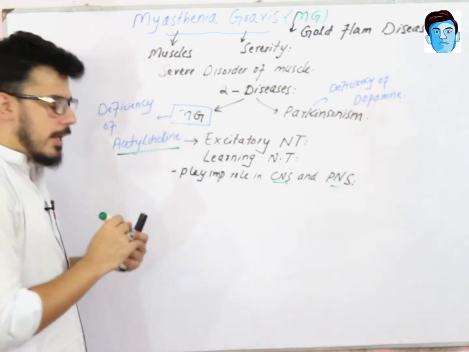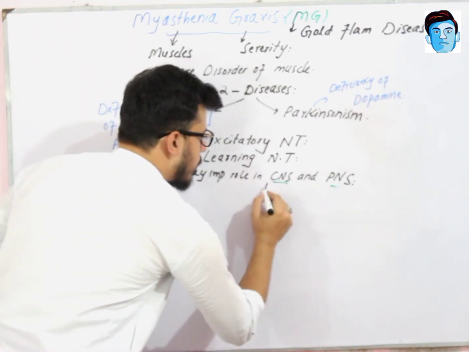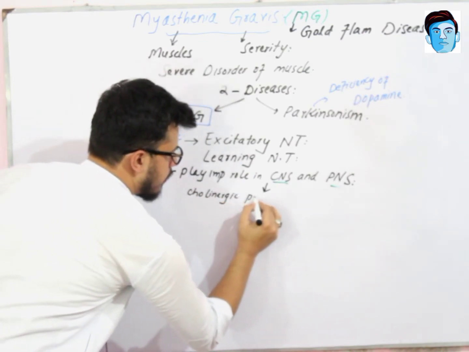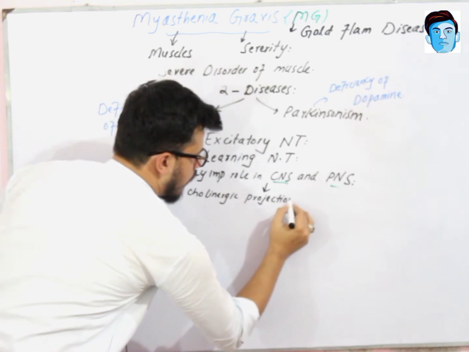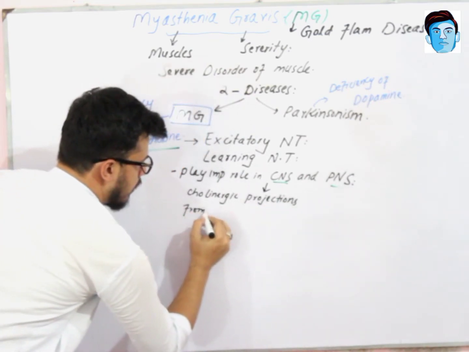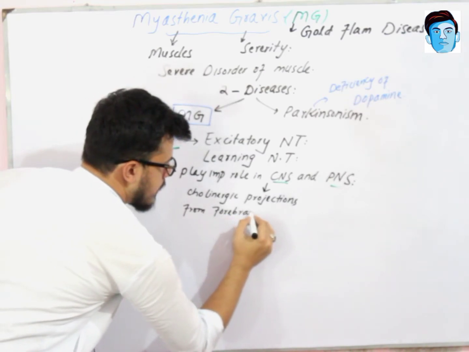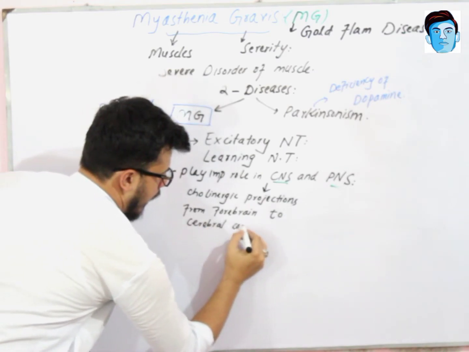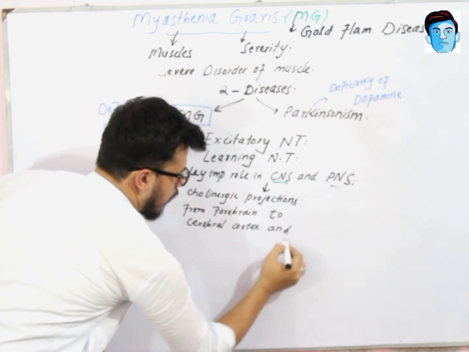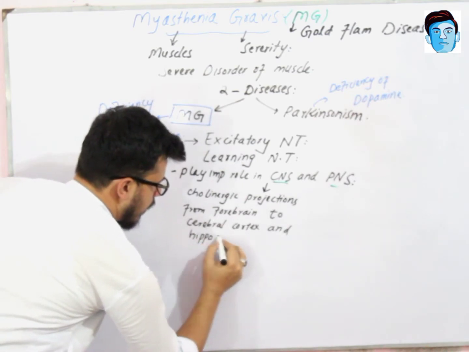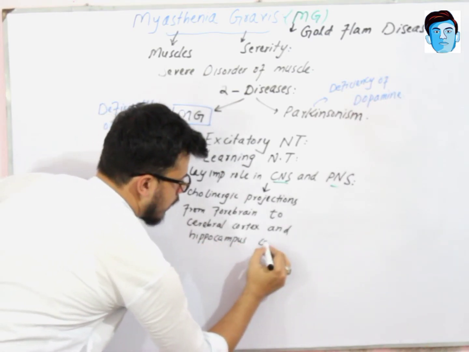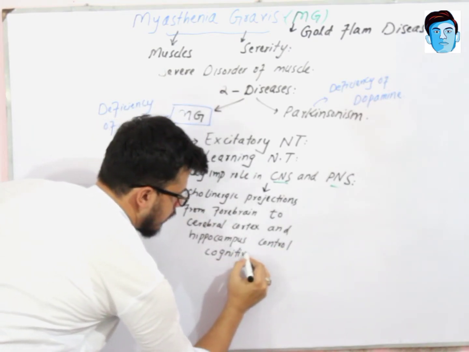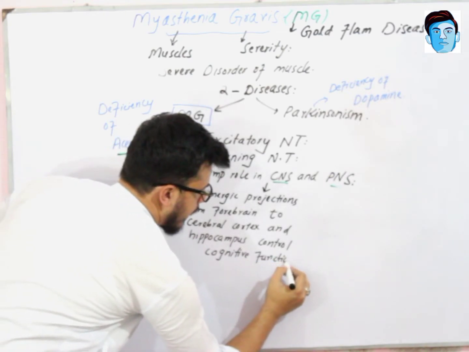If we talk about the CNS, these are considered as cholinergic projections from the forebrain to the cerebral cortex and hippocampus, which control the cognitive functions in the targeting area.